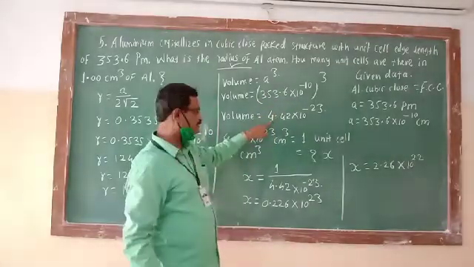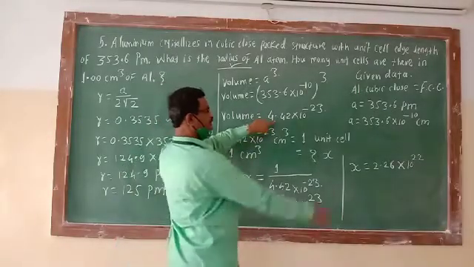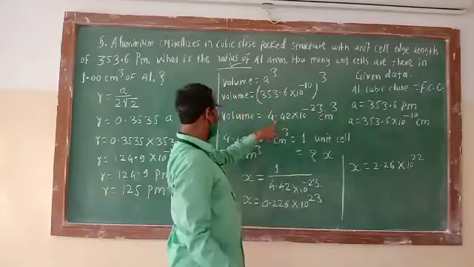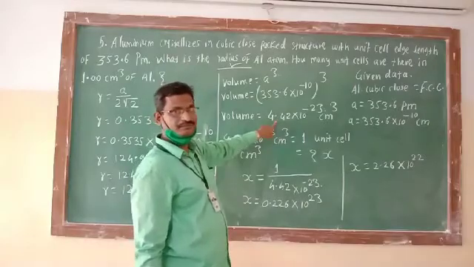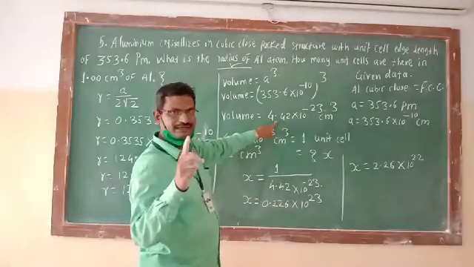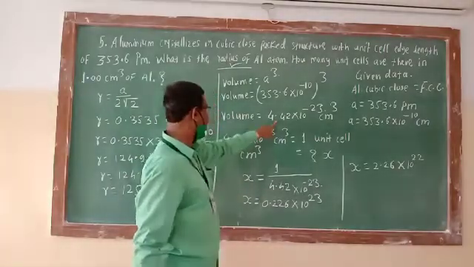Now what does it mean? It means that this is the volume in centimeter cube of aluminium FCC structure, where 1 unit cell is present, where 4 aluminium atoms are present.